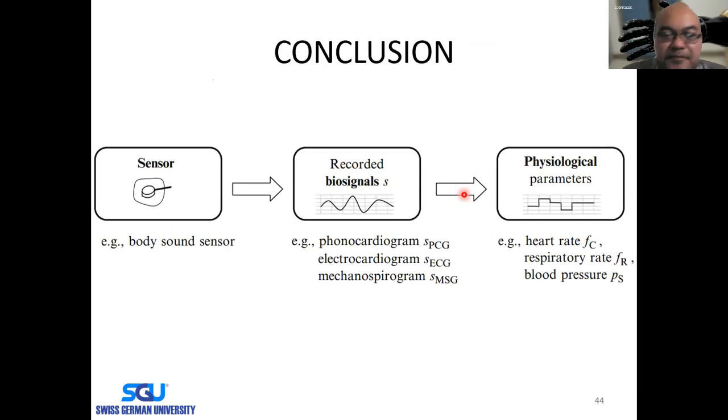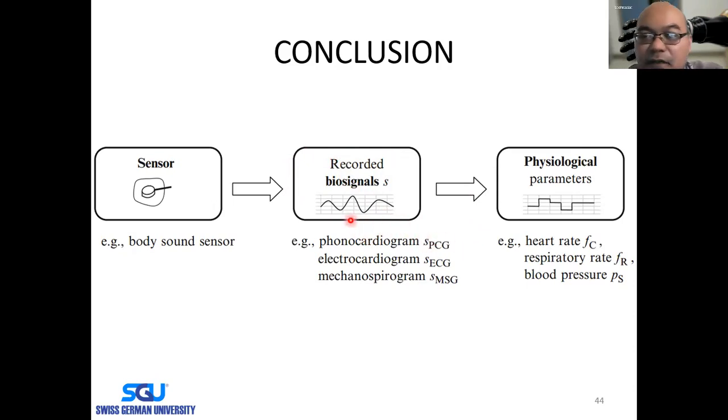So this is the conclusion, similar to the previous section basically. The sensor is important to record the biosignal, and the result of the measurement by the sensor is the recorded biosignal. Depending on the phenomena and the position of the sensor, usually we use an electrical sensor, electrodes, or a mechanical sensor, or an acoustical sensor. Depending on where we locate the sensor, we can obtain various types of biosignal.